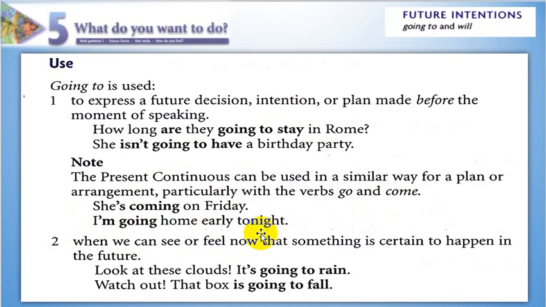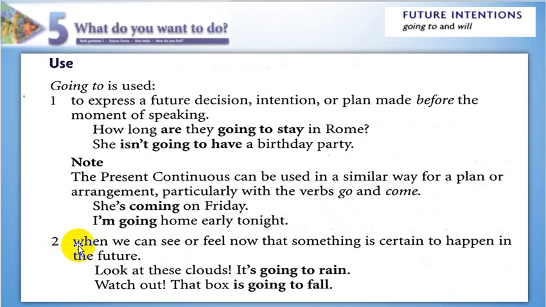I'm going home early tonight. أيضا قررت منذ الصباح أني أعود مبكرا للبيت. I'm going home early tonight. أوكي، فالملاحظة مع الفعل go وcome المضارع المستمر يكون نفس استخدام going to، استخدام future decision, intention made before the moment of speaking.